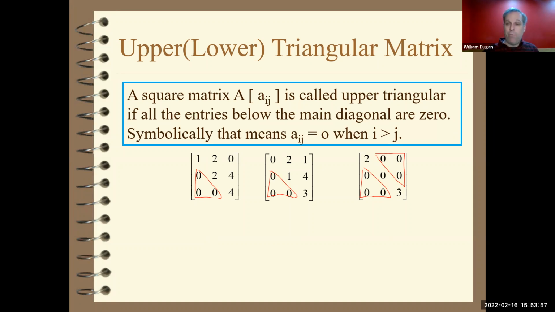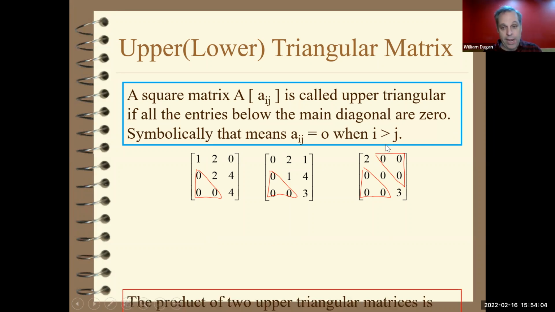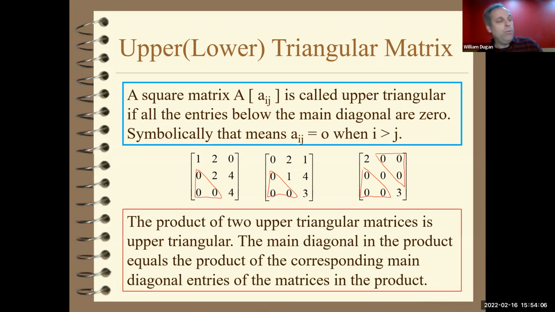It winds up being that if you ever multiply two upper triangular matrices of the exact same size, the result is always upper triangular. And I can even say more. If you take the product of two upper triangular matrices of the same size, you will get an upper triangular matrix. And the entries on the main diagonal are also easy to find.